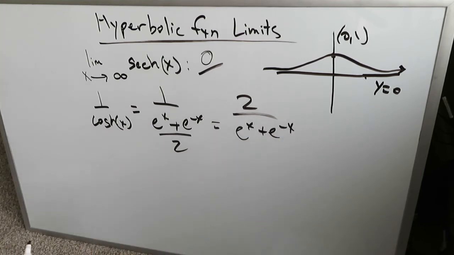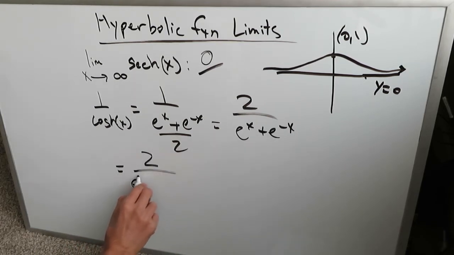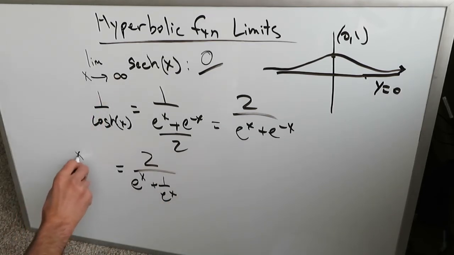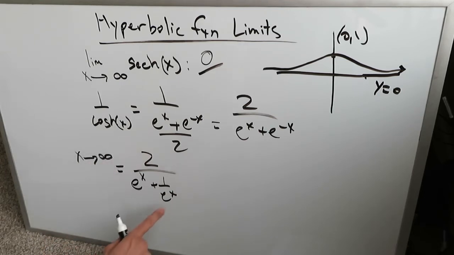Now come down over here and rewrite everything without that negative exponent. You have 2 divided by e to the x plus 1 over e to the x. Now apply this assumption that x is approaching infinity, and you'll get 1 over infinity. It becomes so close to 0 that you can cancel that out.